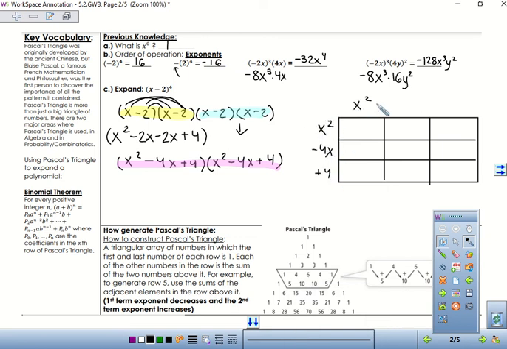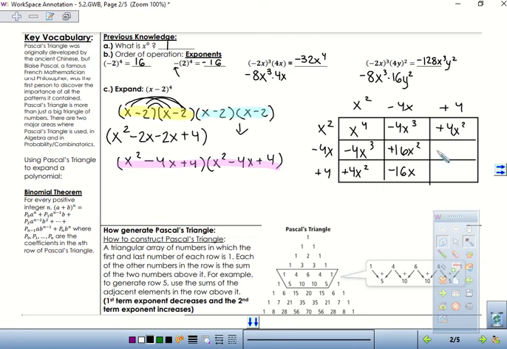And then we have the numbers this way. And then we're just going to multiply the corners together. X to the 4th minus 4x cubed plus 4x squared minus 4x cubed plus 16x squared minus 16x plus 4x squared minus 16x plus 16.